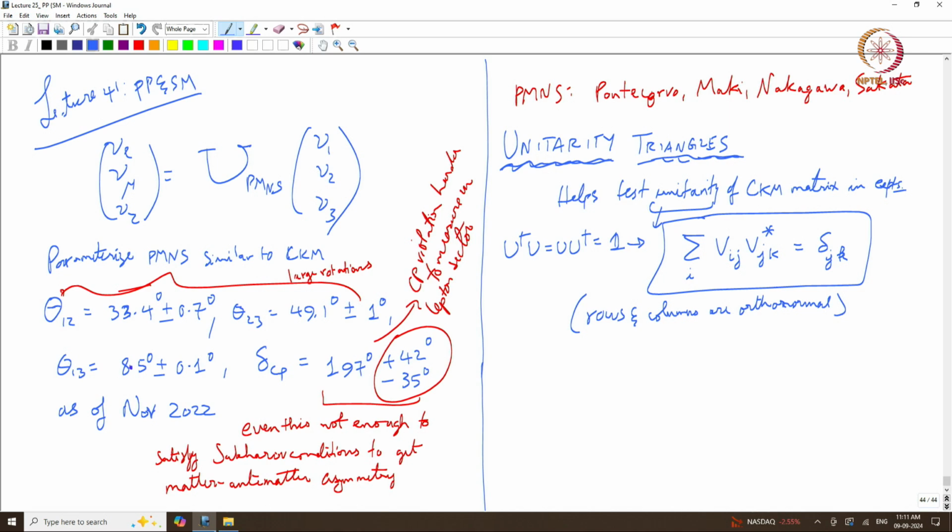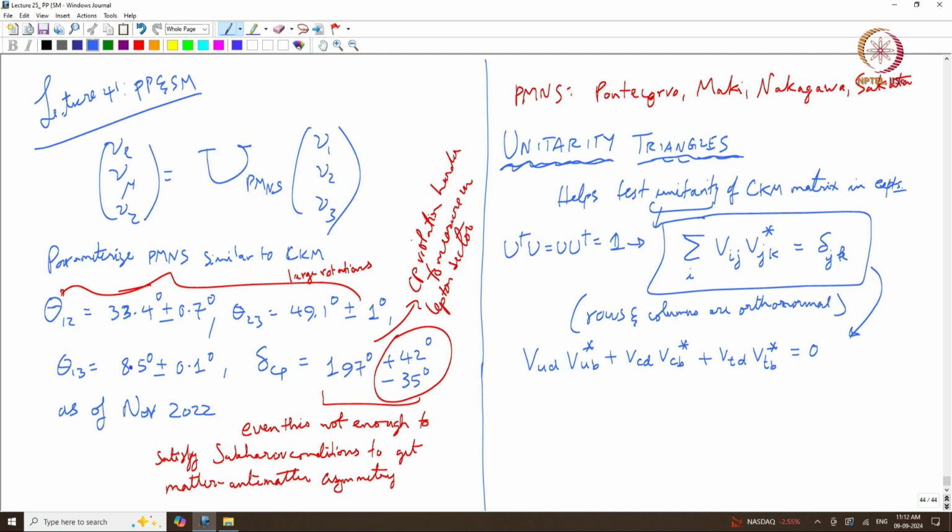Now, what does this imply? Let me write down one example of this sum. Let us take V_UD V_UB* plus V_CD V_CB* plus V_TD V_TB*. Is this 1 or 0 according to this? Obviously, it is 0, correct.